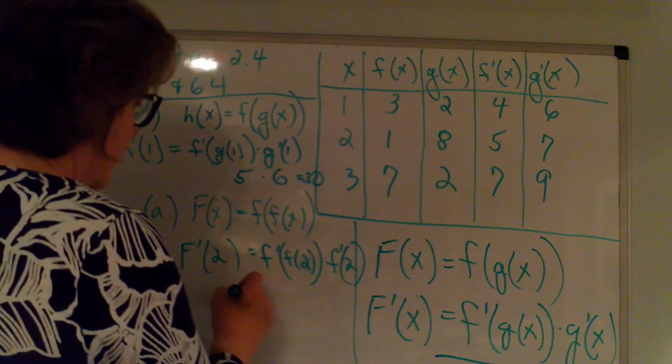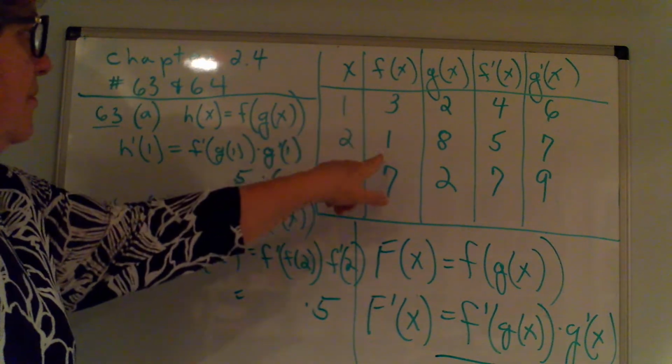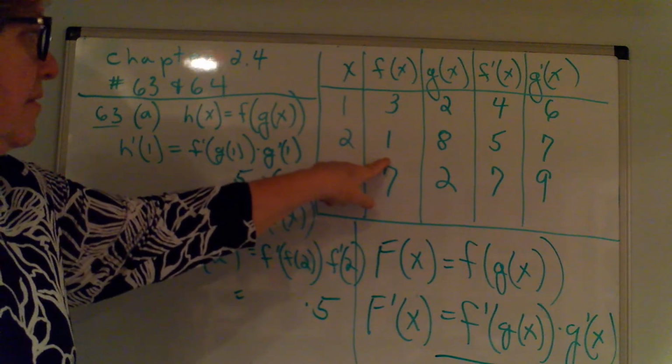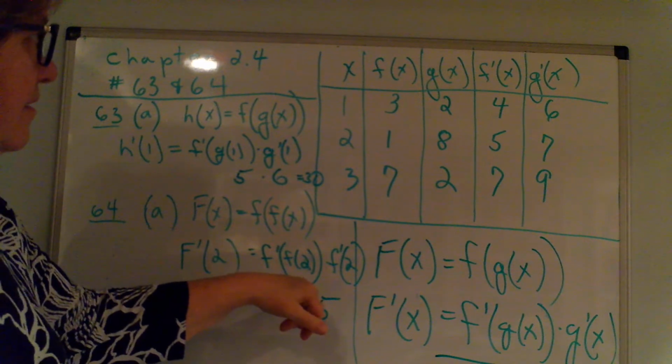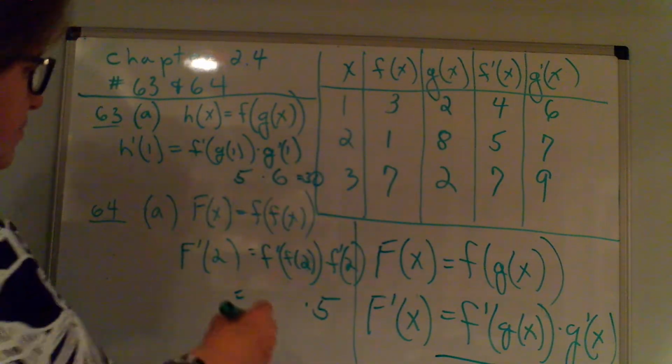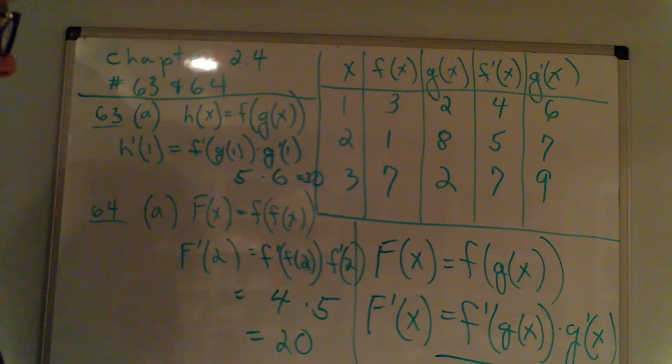We already have that, so this part is 5. f of 2 is 1. So f prime of 1 would be 4. So our answer is 20.